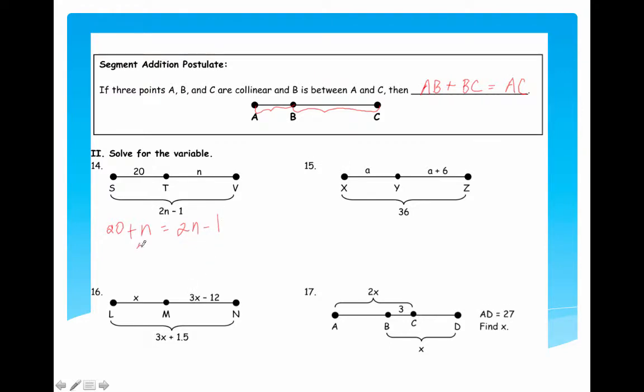So we subtract N from both sides, and we add 1 to solve for N. On this one, we have that A, the measure of XY, plus A plus 6, the measure of YZ, equals 36, the measure of the whole thing. So that means that 2A plus 6 is 36. Subtracting 6, 2A is 30. And then dividing by 2, A is 15.